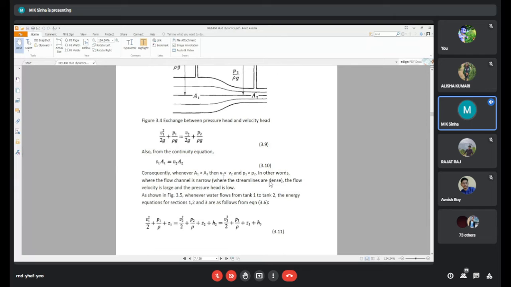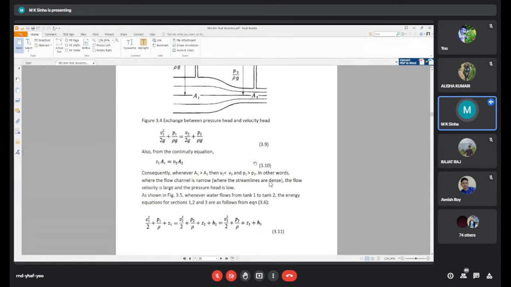And if it is satisfied by the continuity equation, then from the Bernoulli equation we can say the pressure at section 1 is greater than at 2. See, area is larger, velocity is lesser, pressure is larger. These things we have to justify in experiment number 2, the Bernoulli experiment.